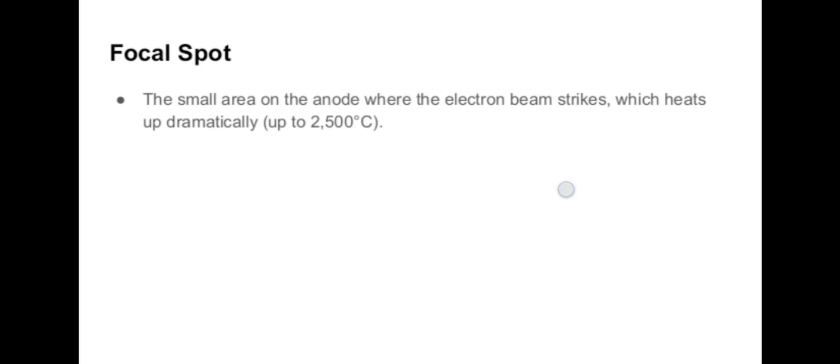Since the electrons strike the whole circumference of the anode, no part of the anode attains a high temperature. The heat from the tungsten disc is dissipated by radiating through the vacuum to the walls of the tube and then into the surrounding oil and tube housing.